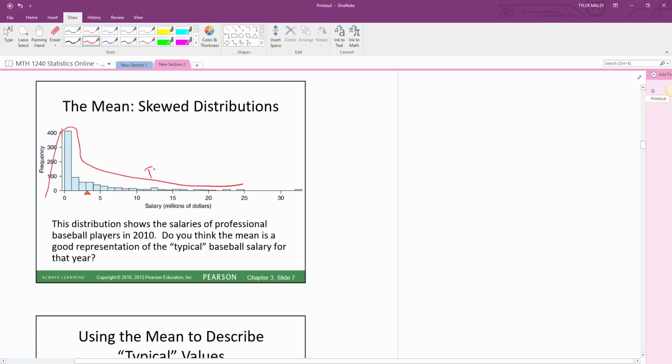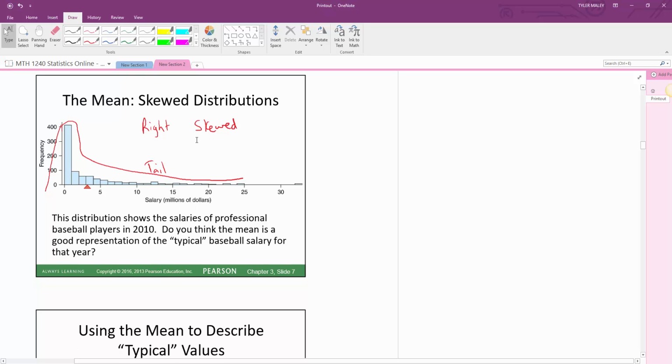Remember this is called the tail on this end, and this would be right skewed, or some people refer to this as positively skewed. I believe that's also described in the text.